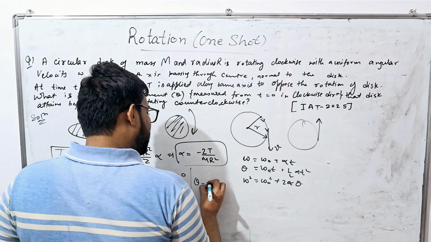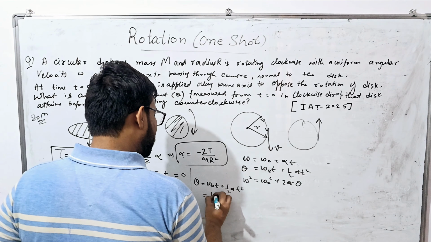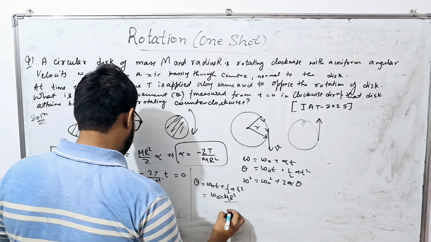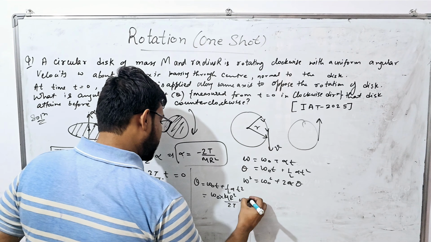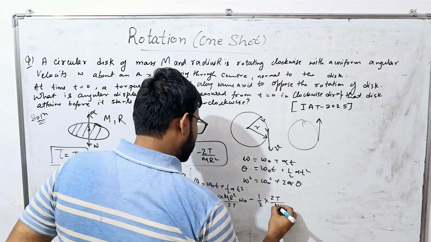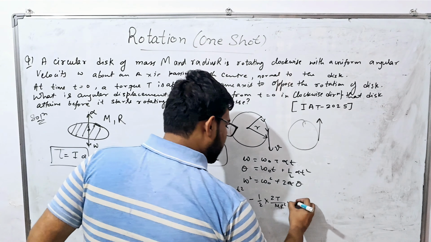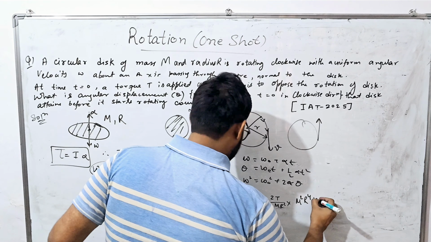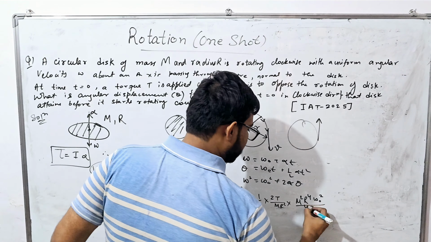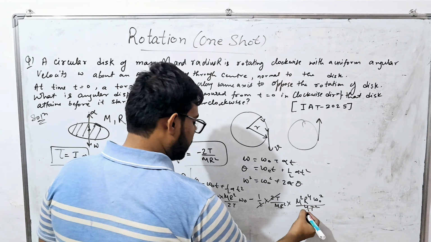Now theta is equal to omega naught t plus half alpha t square, correct? So omega naught into m r square omega naught by 2 tau, minus half into 2 tau by m r square into the square of time, which is m square r to the power 4 omega naught square divided by 4 tau square.